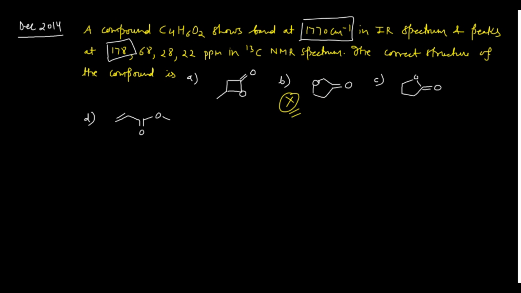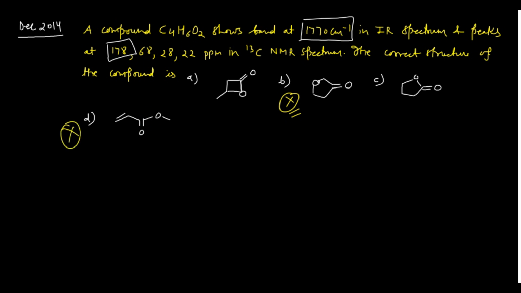Now moving to the next one, this is oxygen and it is connected with the carbonyl group, so this is the ester, this could be the answer. And see, this is another ester, this could also be the answer. But guys, you can immediately discard this option D also. Why can you discard option D?